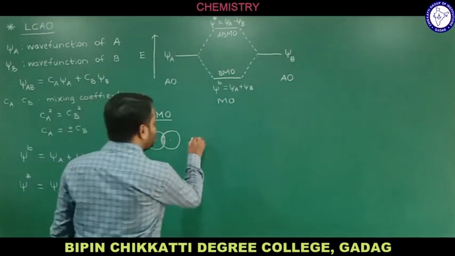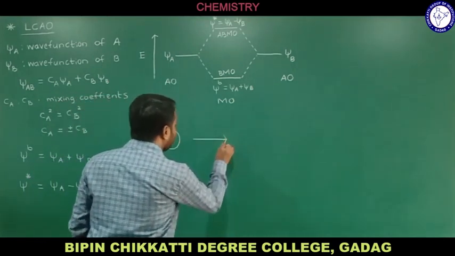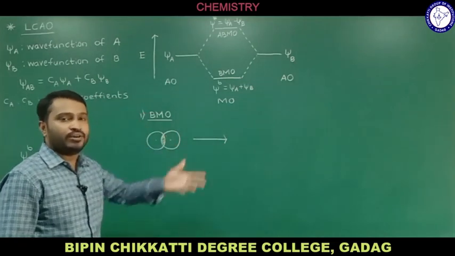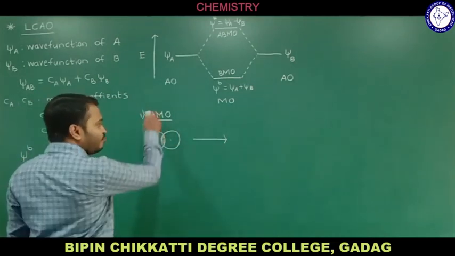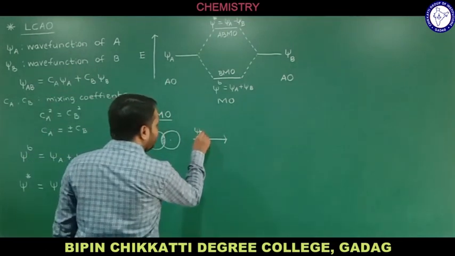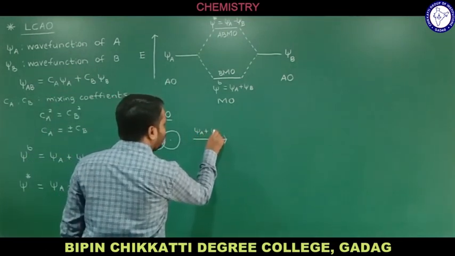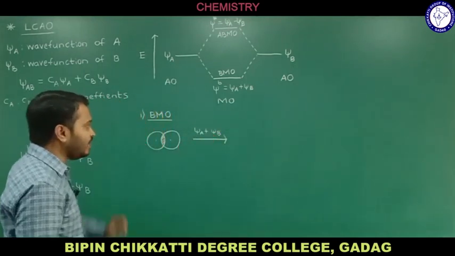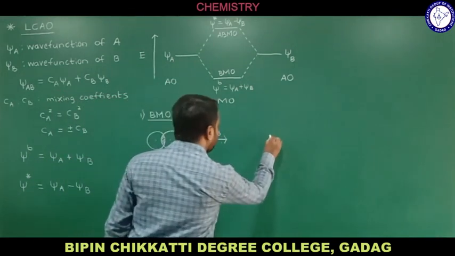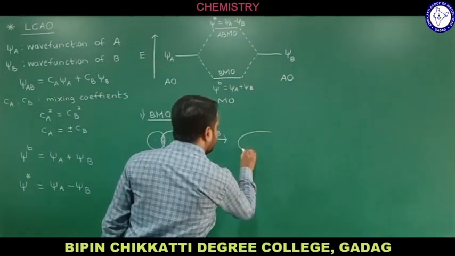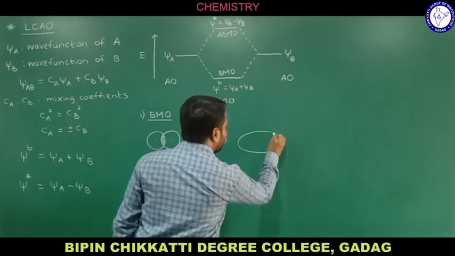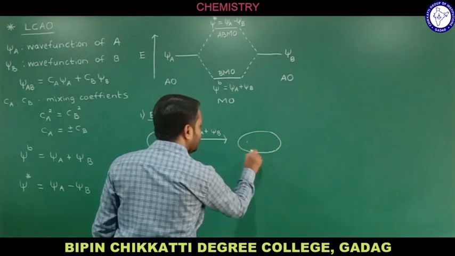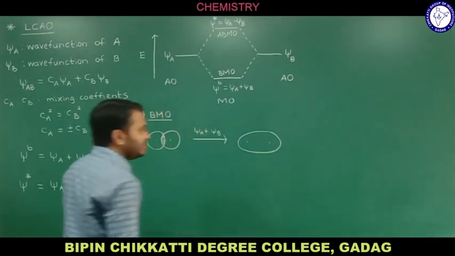When such overlapping of atomic orbitals takes place, as I mentioned, two molecular orbitals are formed. One is BMO. I am going to talk about BMO first, and remember, in BMO there will be addition overlapping of atomic orbitals. I can represent it like this, with the addition shown above the arrow mark for your reference. After this addition overlap, this is the molecular orbital we get, with the nucleus at the center of each orbital.